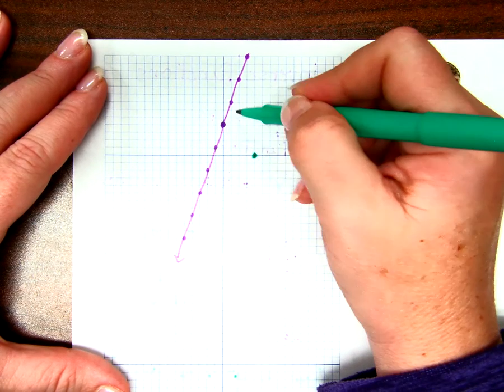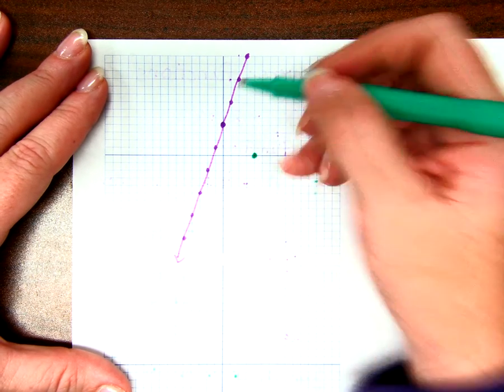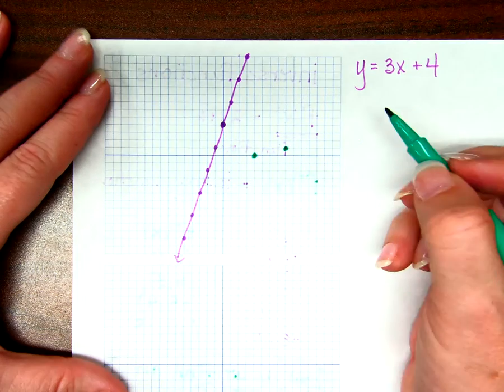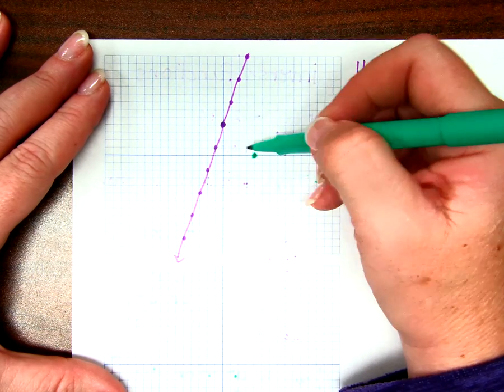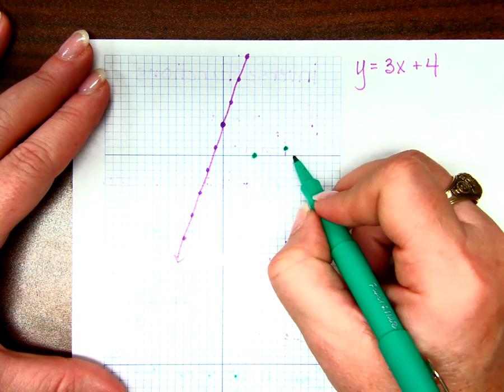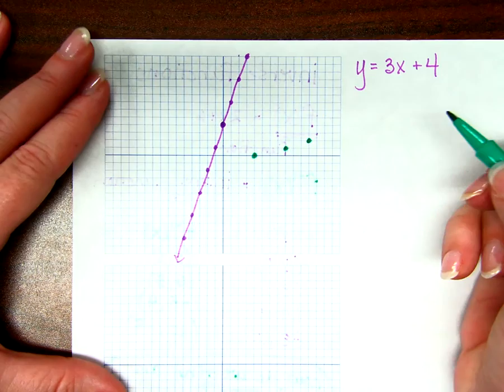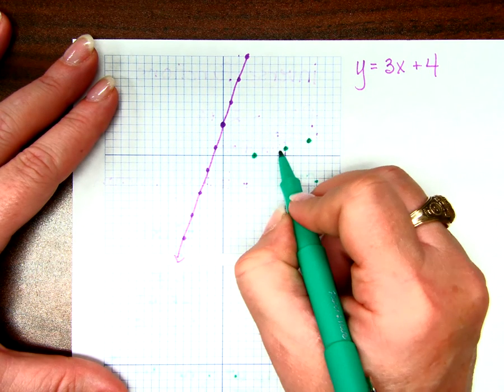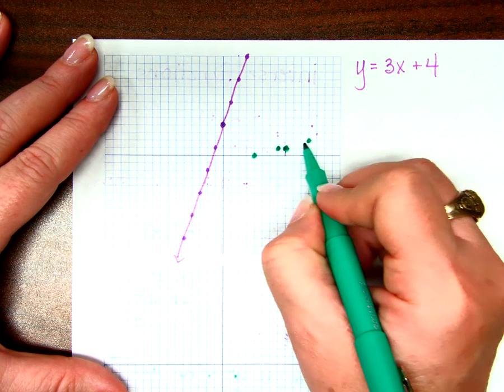This point is 1, 7. So it would be 7, 1. This point is 2, 10. So 10, whoop. I think I went too far on this one, which means I went too far on that one now.